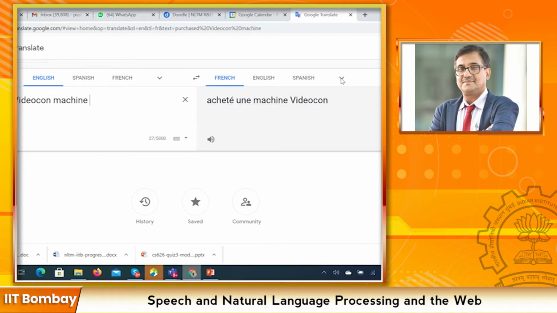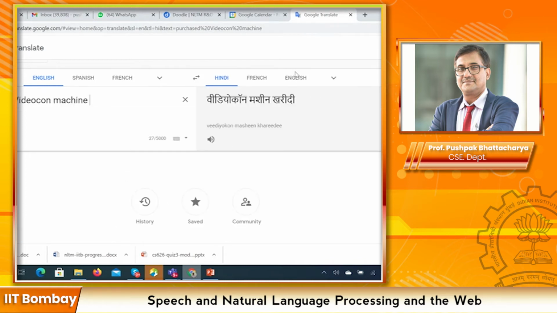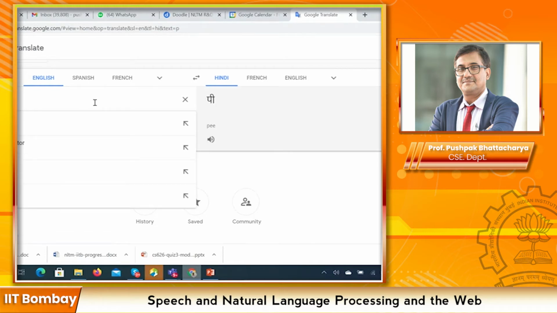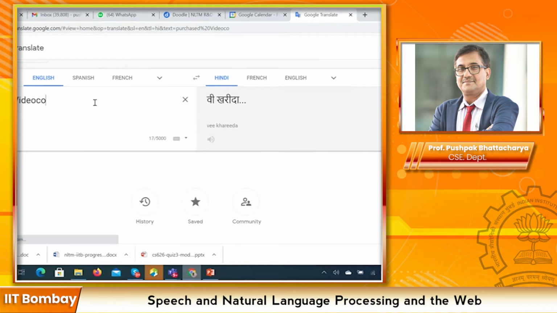But if it was Hindi, Videocon machine kharidi, but let me put the sentence again. I go token by token: purchased, kharida, Videocon, machine.